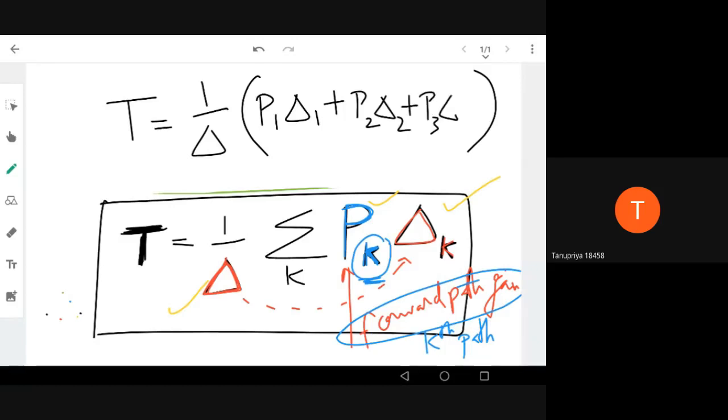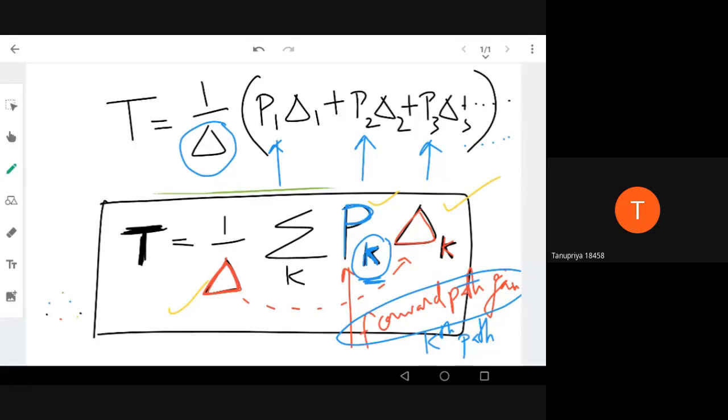Okay, I think you get the feel of what we are trying to access. So these are the components within this equation we need to find. First we'll need to find delta. Then we can see there are individual p1, that is the forward path gain for the first path, the forward path gain for the second path, the forward gain for the third path, et cetera, and it goes on like this. Now where should we stop?